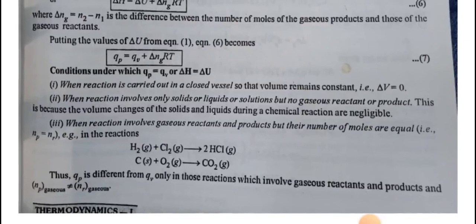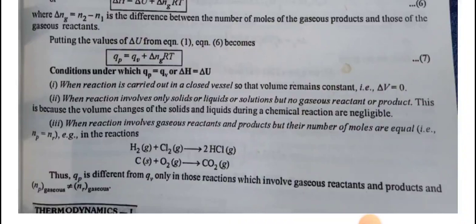Putting the value of delta U from equation 1, equation 6 becomes Qp is equal to Qv plus delta ng RT. Conditions under which Qp is equal to Qv, or delta H is equal to delta U. First, when the reaction is carried out in a closed vessel so that volume remains constant, that is delta V is equal to 0.